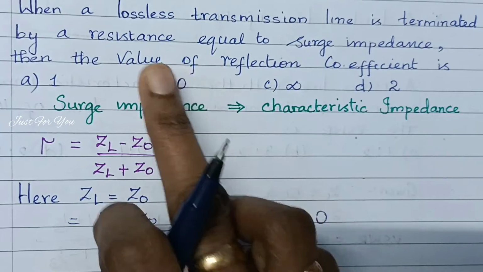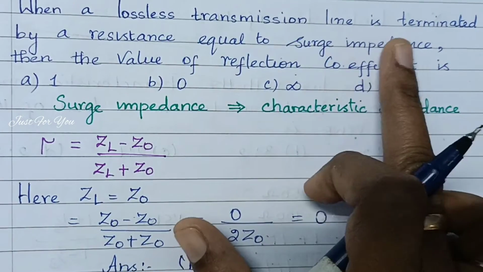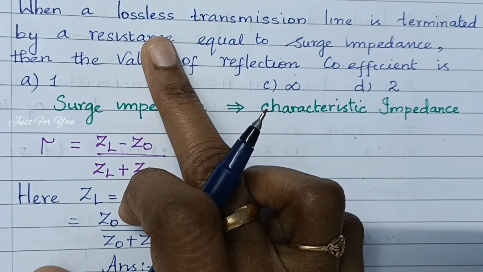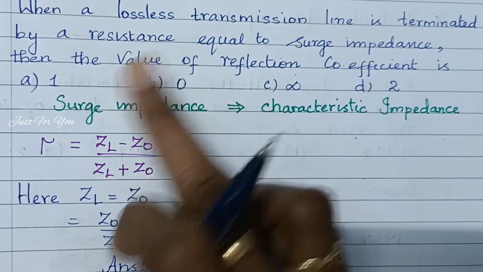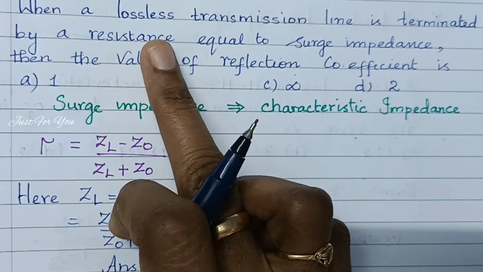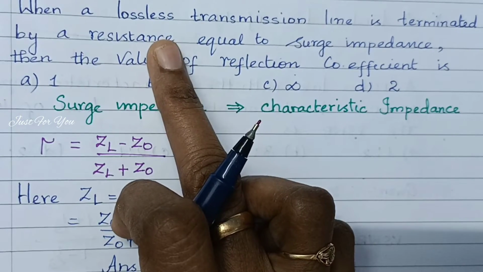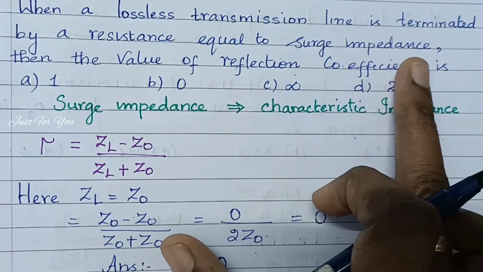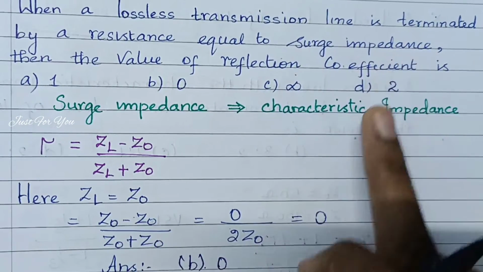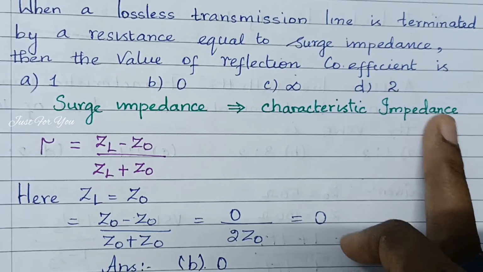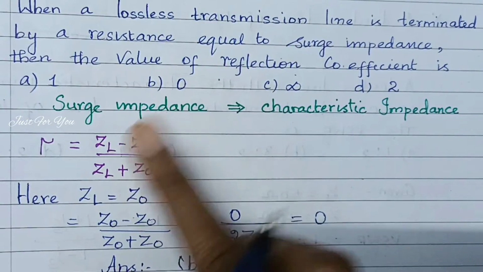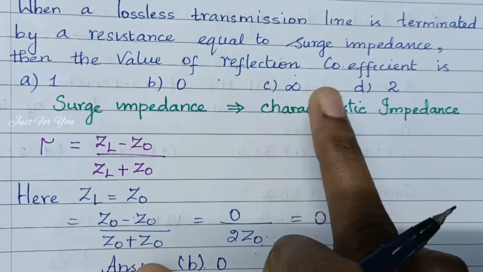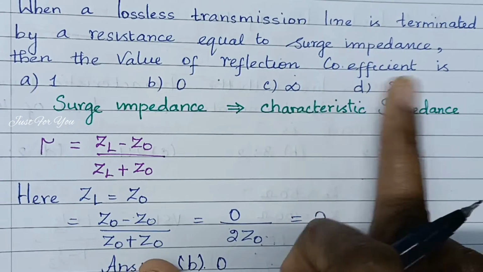So in the question, a lossless transmission line is terminated by a resistance, that is the load resistance. This load resistance is equal to surge impedance. Surge impedance is nothing but characteristic impedance. So here the ZL value and the Z0 value are equal.